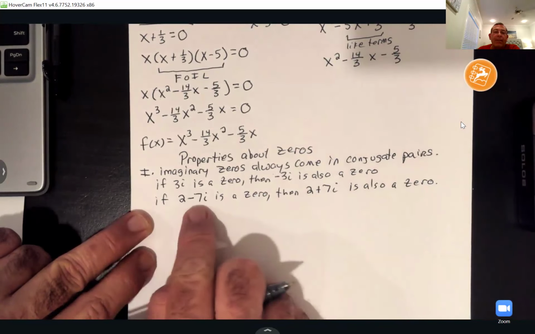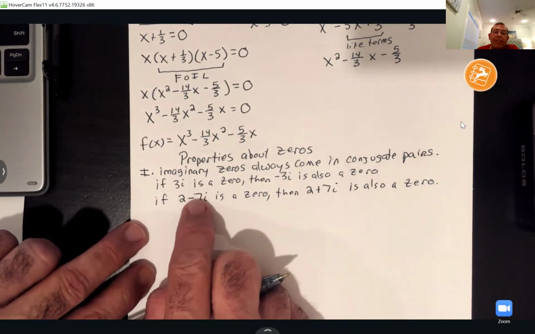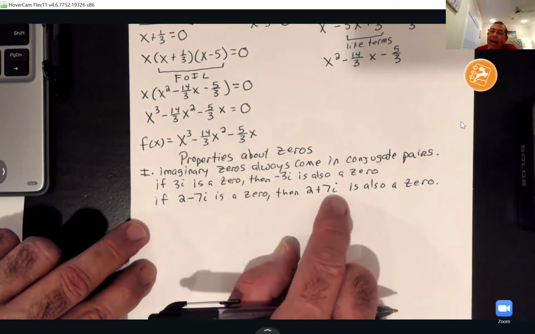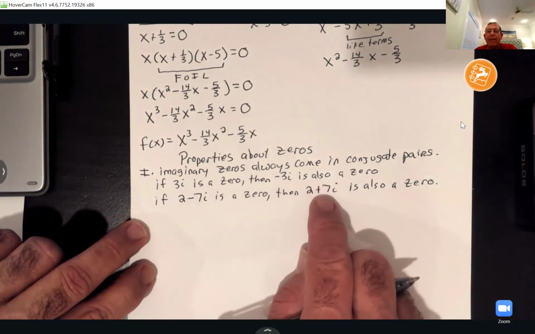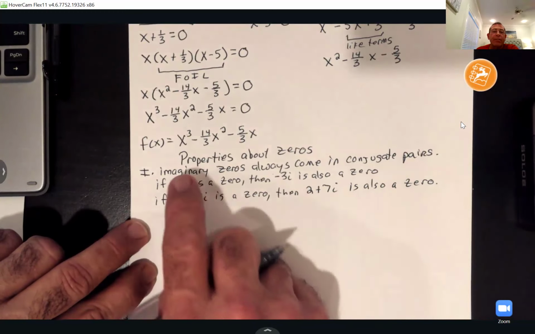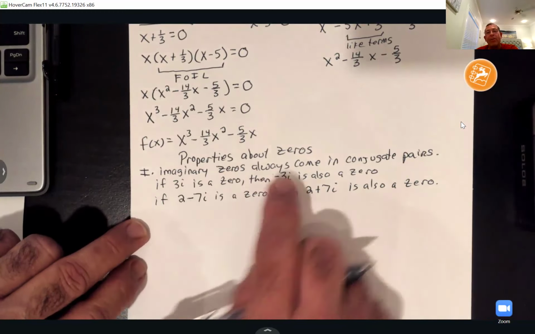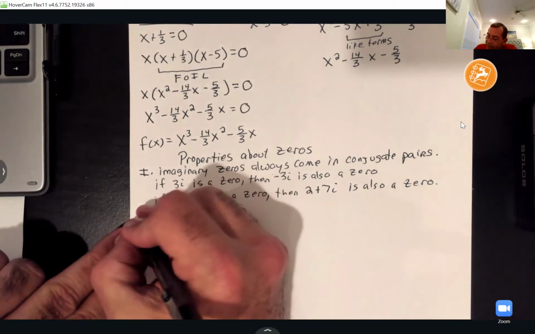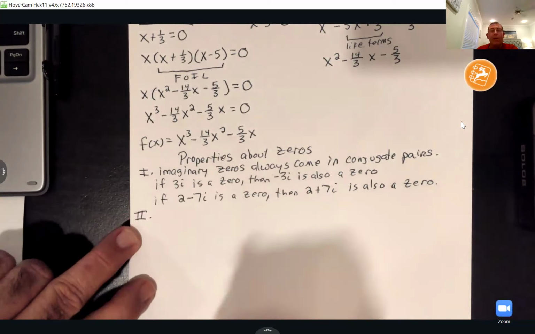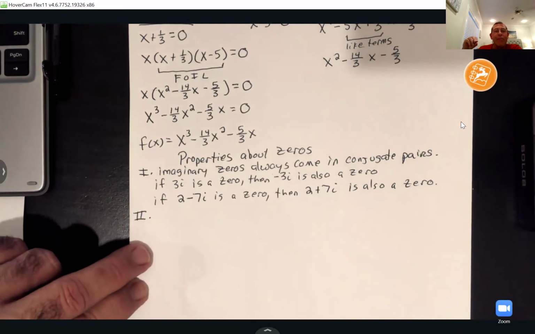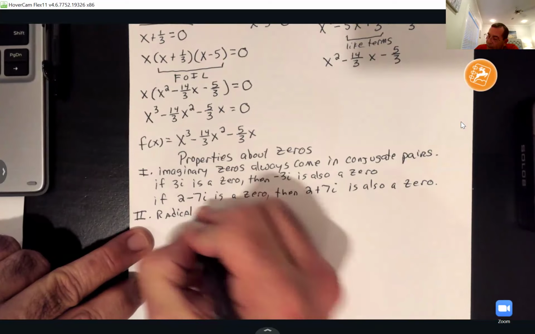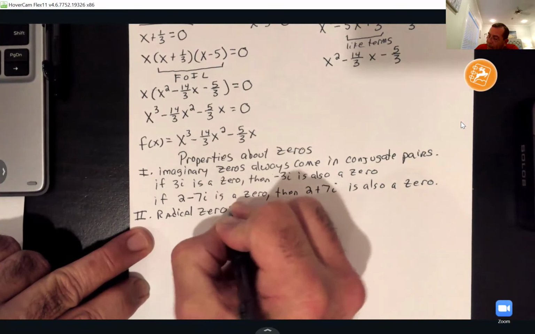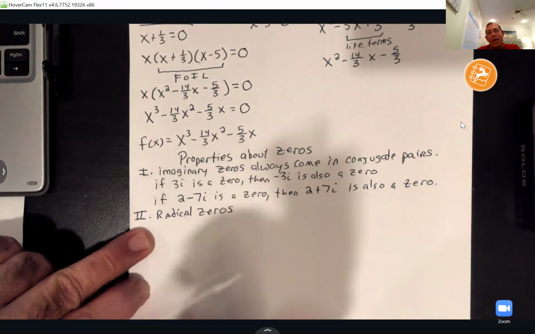So if they're written as a complex number like that, all I'm changing is the sign in front of the i stuff. Okay? So 2 minus 7i, 2 plus 7i are conjugates. A 3i and a negative 3i are conjugates. Well, guess what? Radical zeros always come in conjugate pairs.